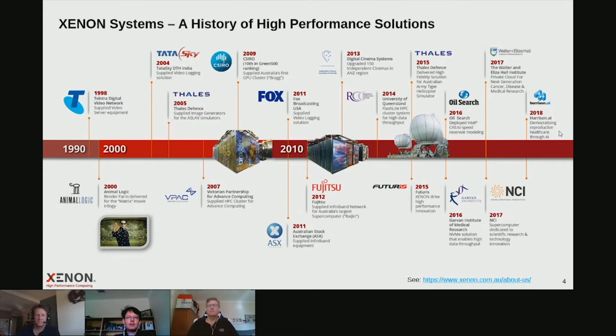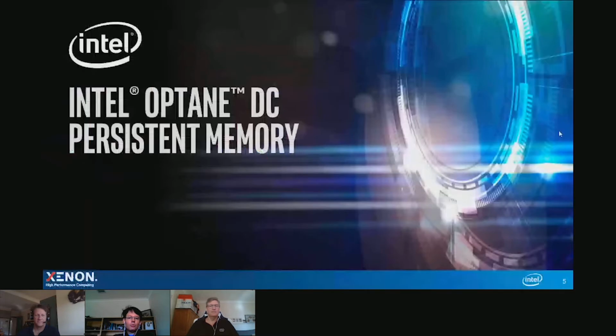It's really that intersection of compute and storage, which start to depend on each other even more than they have in the past, where it gets really interesting. And so with that, let's talk about Intel Optane persistent memory technology a little bit more, because it's really interesting where that fits in the technology stack.